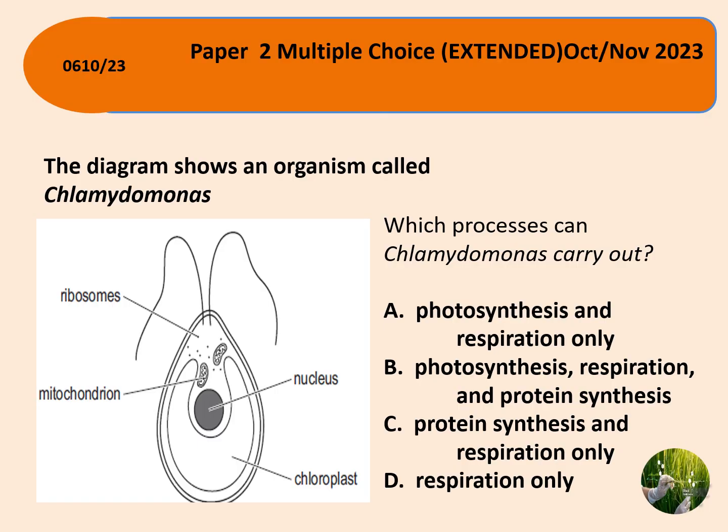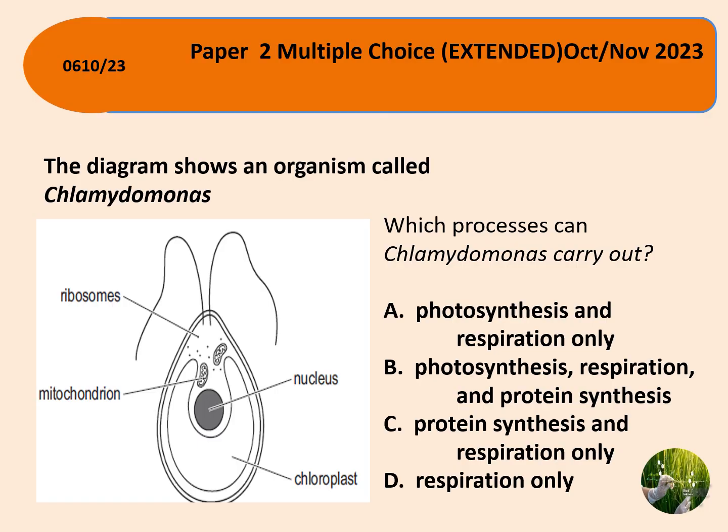So now we will see the options. A. Photosynthesis and respiration only. It is not correct because they can, in addition, carry out protein synthesis. B. Photosynthesis, respiration and protein synthesis. That is correct.